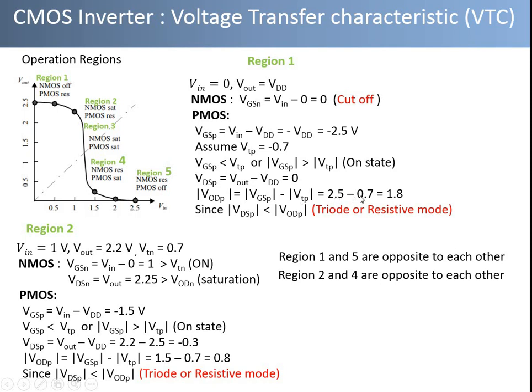So 2.5 minus 0.7 is 1.8. As the absolute value of drain to source voltage is less than the absolute value of overdrive voltage, therefore the PMOS transistor is in triode or resistive mode.